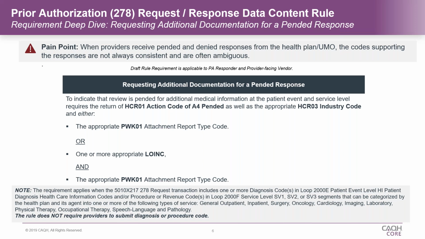This will allow for the industry to make progress in building logic into adjudication systems for prior authorization. Categories of services included in the rule are shown at the bottom of the slide. It should be noted that this requirement uses the standard terms as used in the 278 Technical Report Type 3. The rule does not require providers to submit diagnosis or procedure codes.